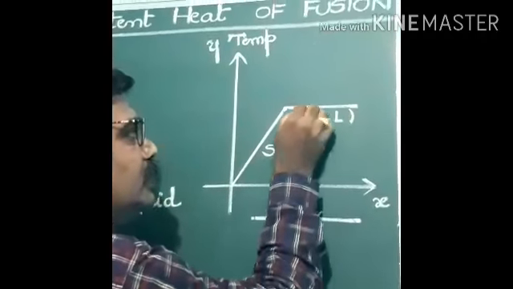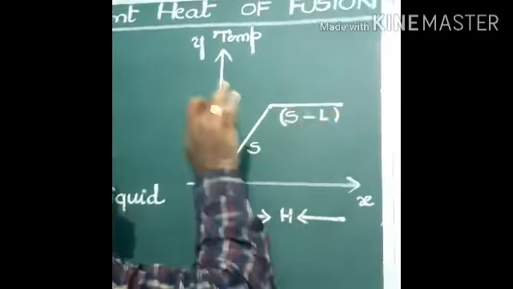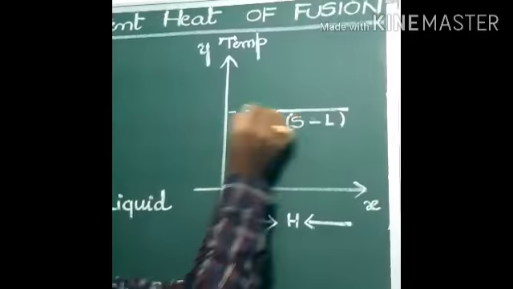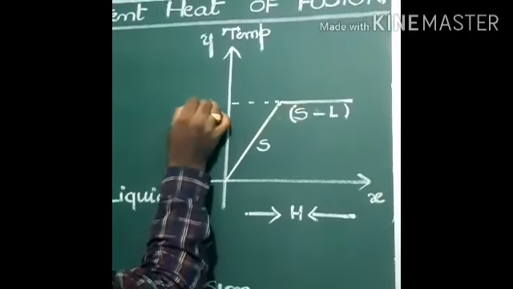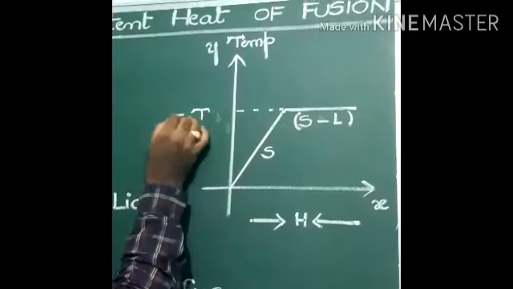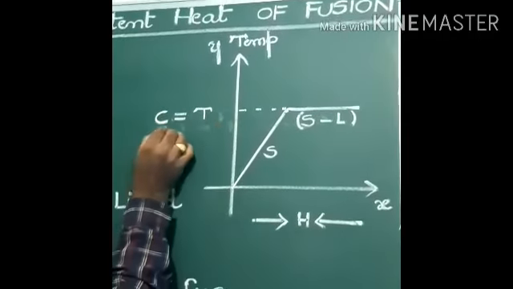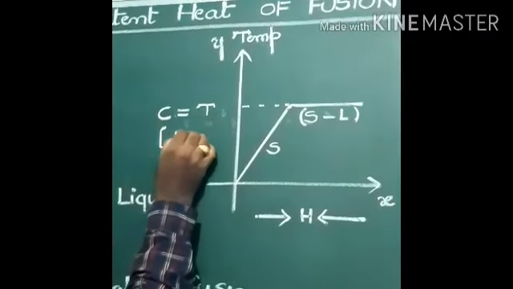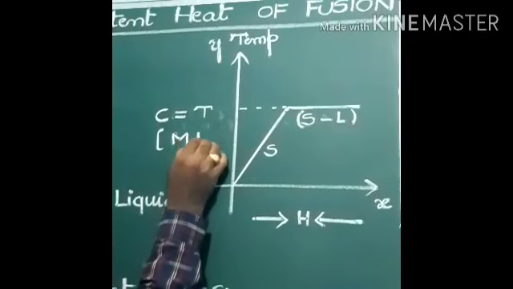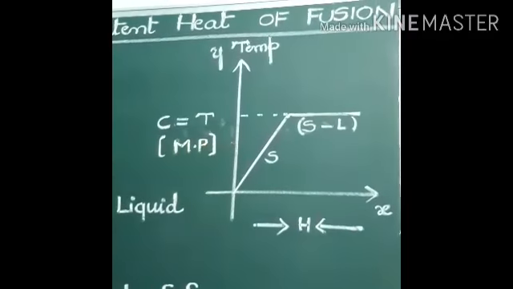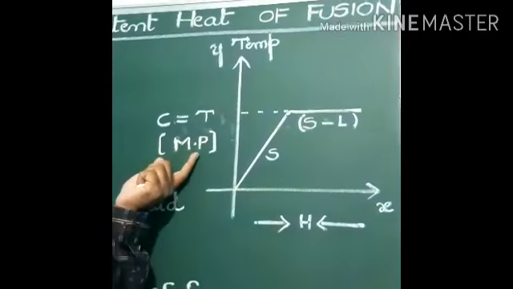Here heat is utilized for conversion of state at constant temperature. Of course, the constant temperature at this point can be called the melting point.